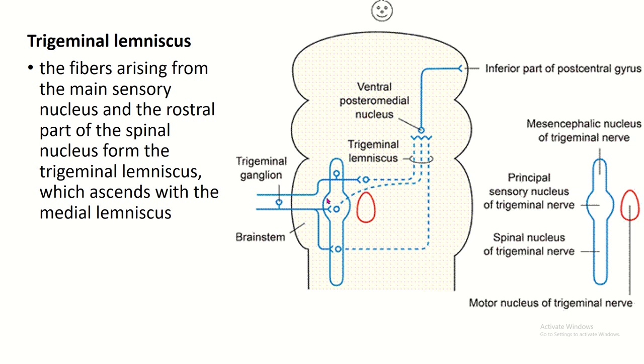Trigeminal lemniscus. In this lemniscus, this is a group of axons which arises from the main sensory nucleus and spinal nucleus of the trigeminal nerve.